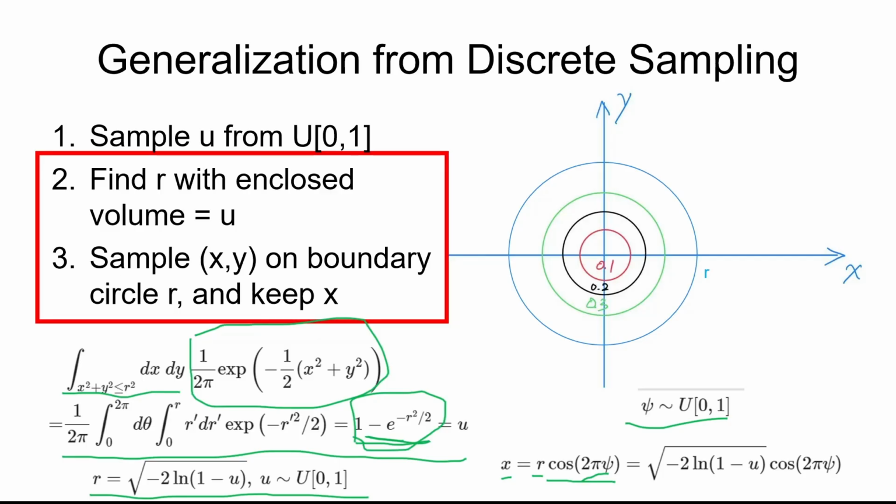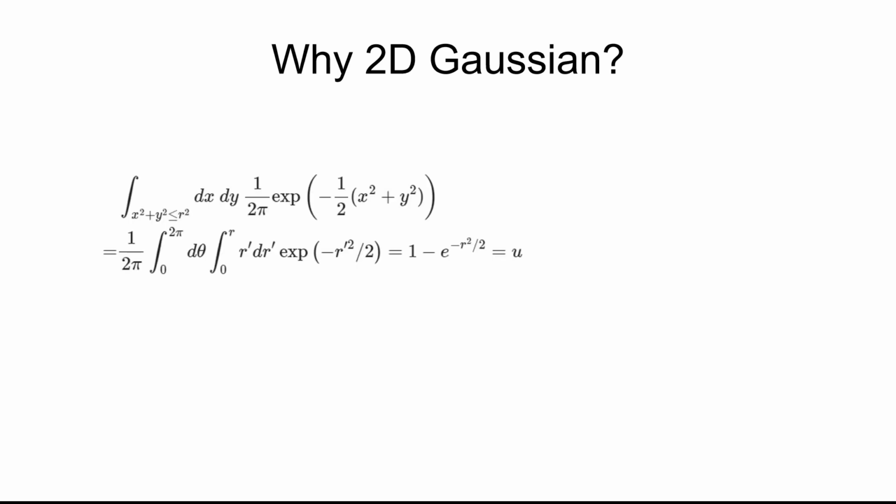Okay, so when we talk about this summary, let's go back to our original problem. Why do we want to sample in 2D Gaussian instead of 1D Gaussian? The main issue here is that if we want to calculate this integral in 1D for the 1D Gaussian, this integral is not tractable.